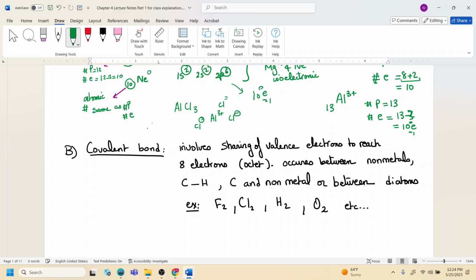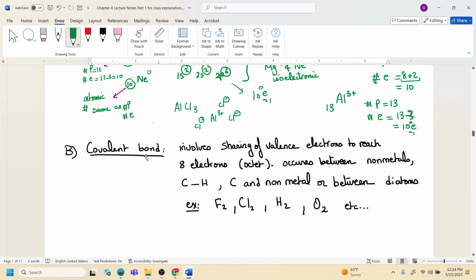And we would say that there is an electrostatic interaction between the plus and the minus. For every 1 atom of the aluminum, you have 3 atoms of the chlorine in there. So this is an electrostatic interaction.